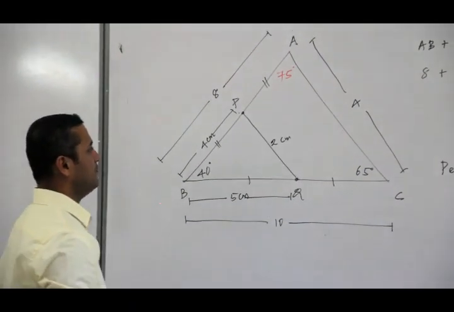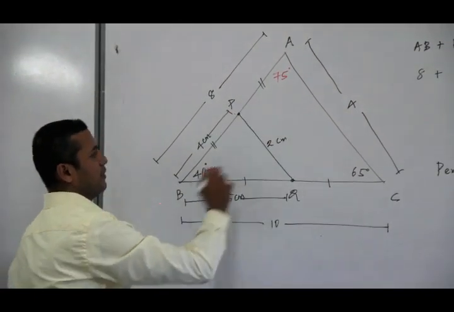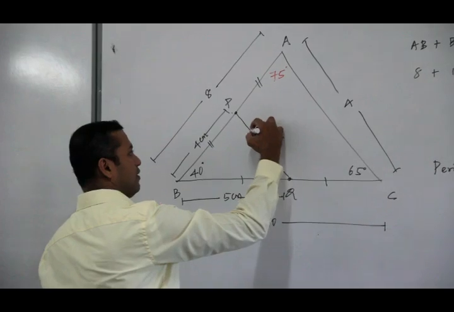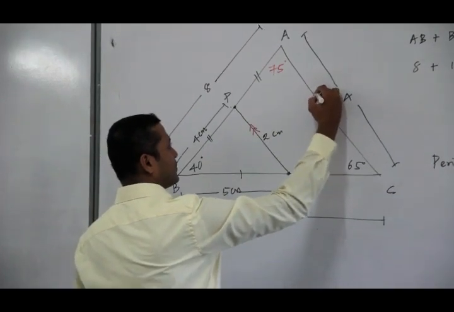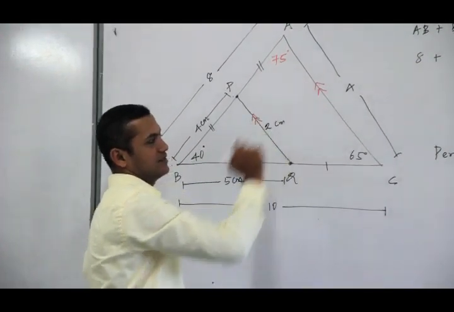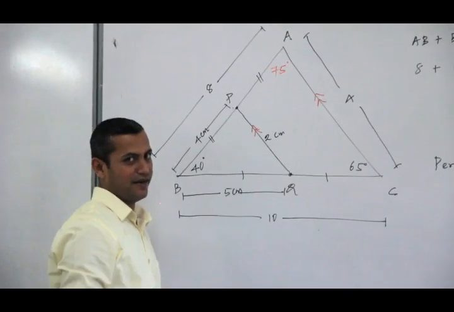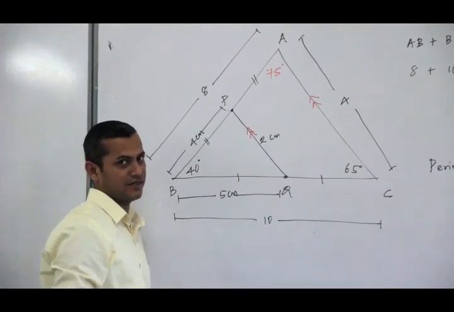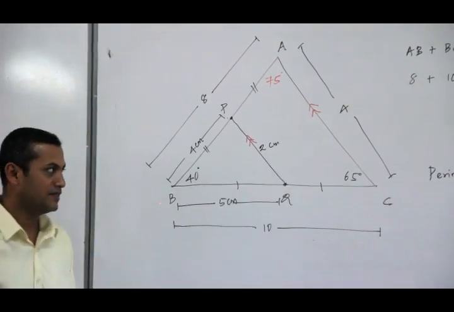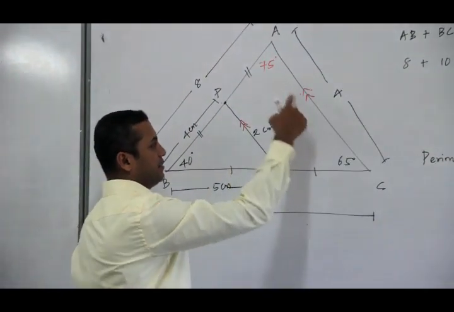Then how will you find this angle and this angle? According to midpoint theorem, the line joining the midpoints will be parallel to the third side, isn't it? Then you know sum of allied angles is 180. We studied that in grade 8 and 9. Remember?